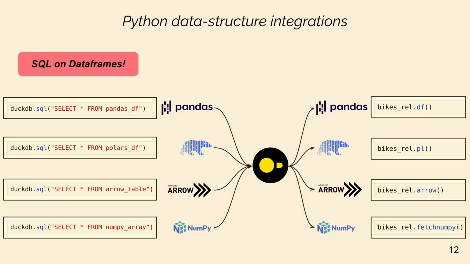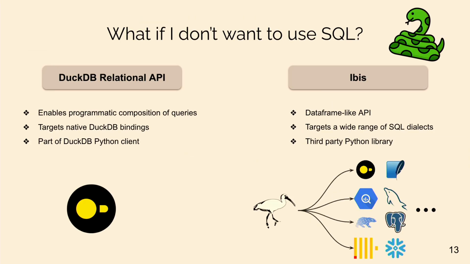We can do the converse, which is also really cool. If we have a data frame, we can run SQL directly against it. To me, that's a bit of a superpower. We're running SQL directly on top of data frames, no matter how they were formed in the first place. This ability to run queries against data frames is a true superpower of DuckDB, and wrapping it all up with SQL makes it quite simple.